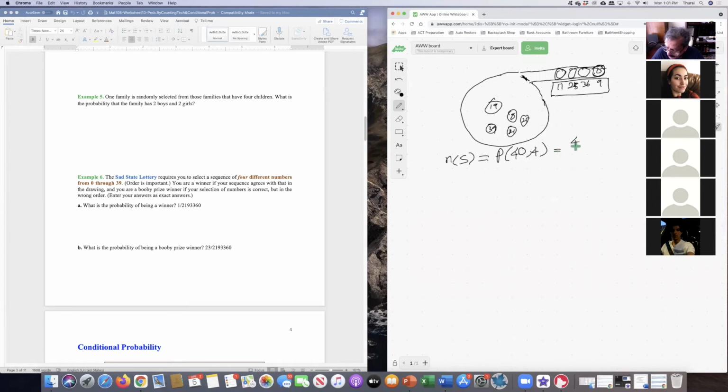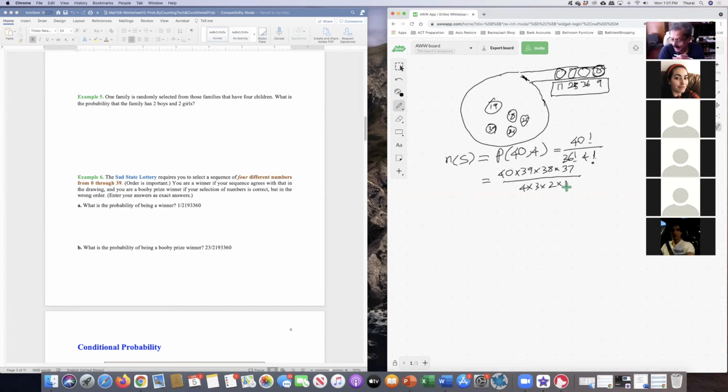Factorial 40 over 40 minus 4, 36 times 4 factorial equal to 40 times 39 times 38 times 37. So we stop at 37. And then 4 factorial will be 4 times 3 times 2. I can reduce that to a number.